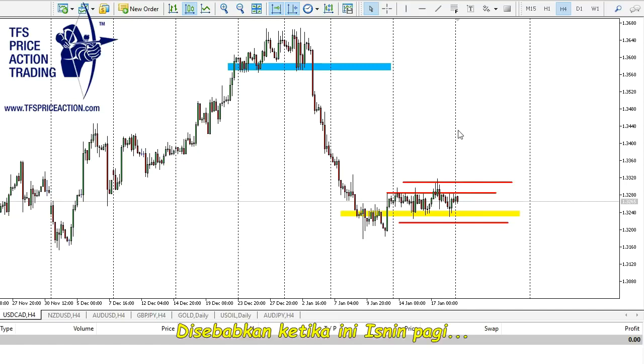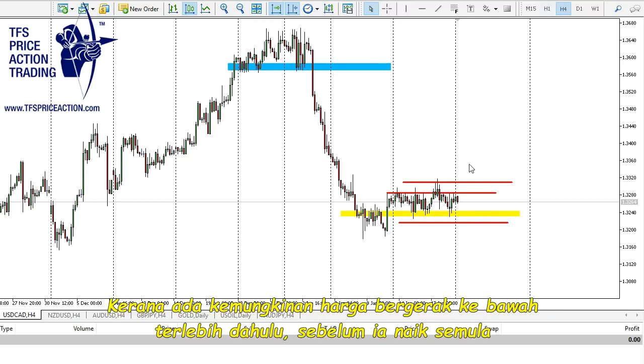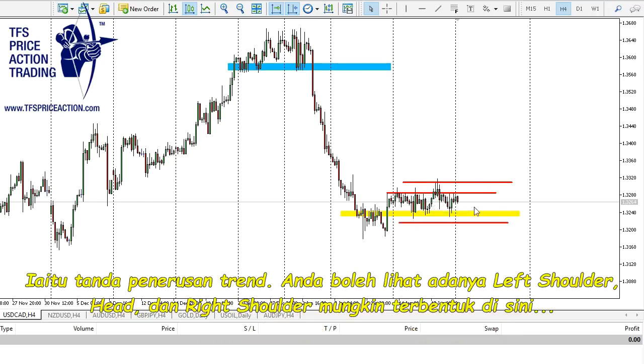Because now it's a Monday morning, you might want to wait until at least the Euro session before you make your trade or decision, because there's a tendency that there might be some movement downward first before it goes back up. You need to be aware that this could also be a head and shoulders formation, which is a sign of continuation.